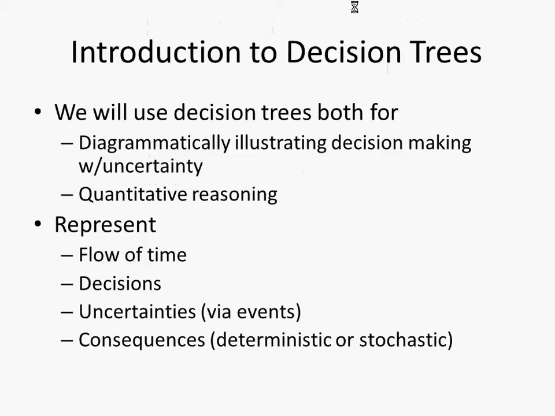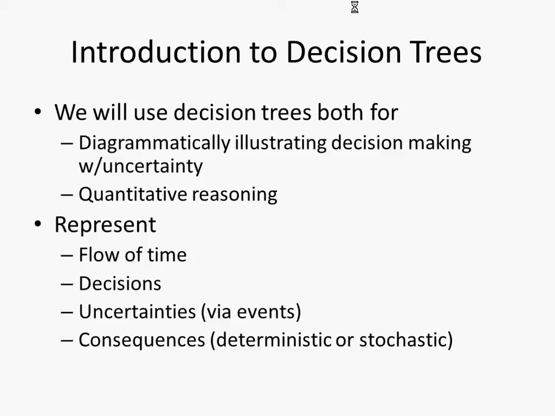And what do these decision trees consist of? Well, they represent a couple things. So decision trees, ladies and gentlemen, are used in the context where we need to make decisions over time in the context of unfolding uncertainty, and where we're interested in making our choices based on their consequences. So there'll be consequences involved depending on what choices we make that will be different if we chose A versus B. Depending on what plays out in terms of the uncertainties, there'll be different consequences.